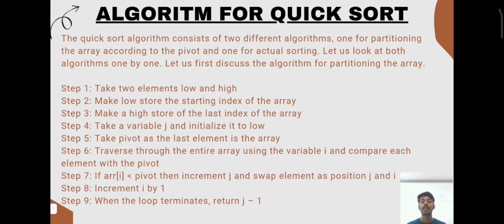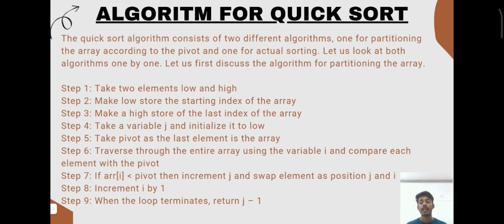Step 4. Take a variable j and initialize it to low. Step 5. Take pivot as the last element in the array. Step 6. Traverse through the entire array using variable i and compare each element with the pivot element. Step 7.